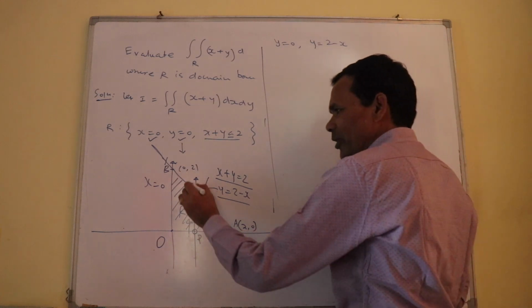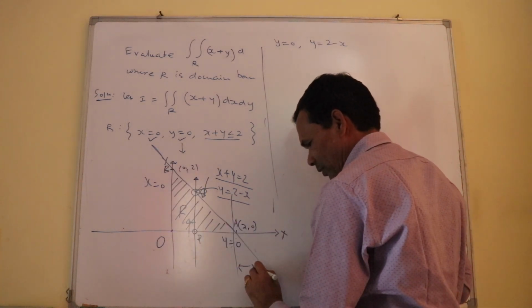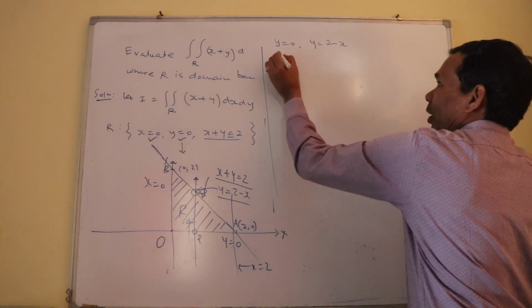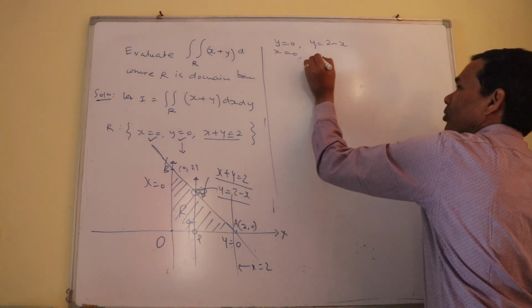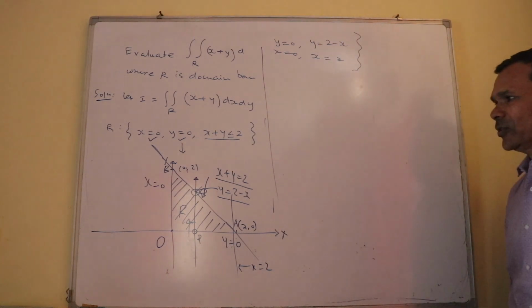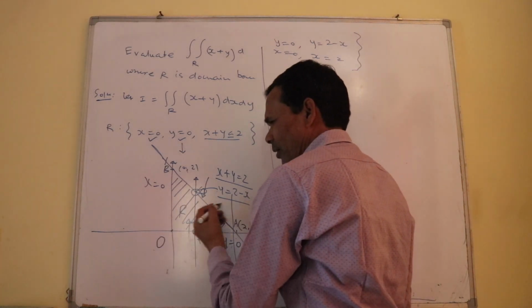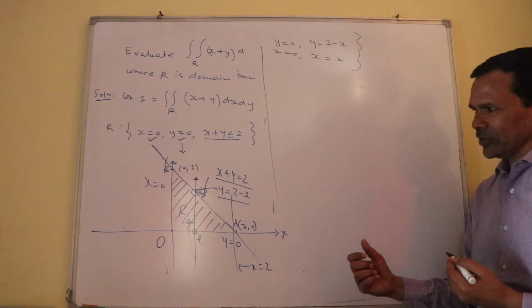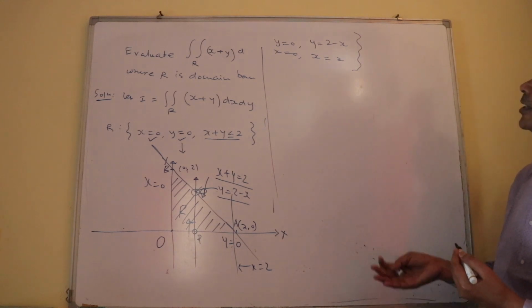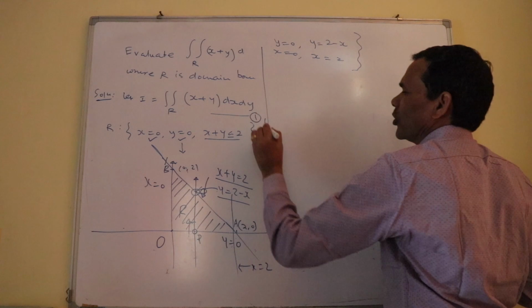And you have to move this straight line from x is equal to 0 to x is equal to 2. So the limits for x are from 0 to 2. So this is the way we find out limits. You consider a vertical strip. You can consider a horizontal strip also. Then you get a different set of limits, but the value of the double integral would be the same. So I consider this as expression number 1.